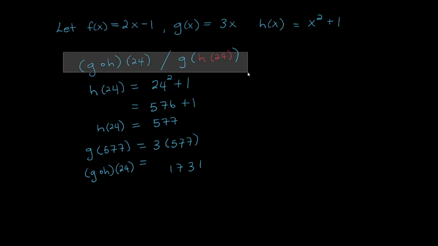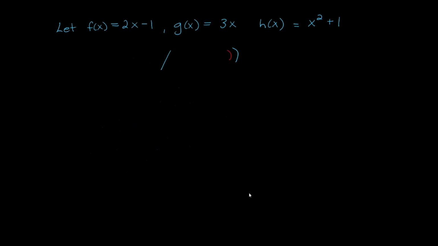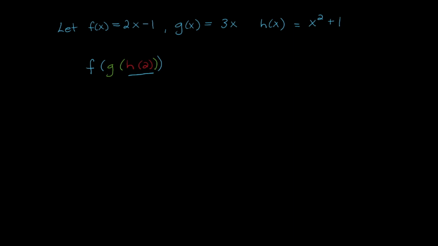Let's move on to another example. Now, let's take a look at f of g of h of 2. As we mentioned before, we should work from inside outwards. So, let's find h of 2.